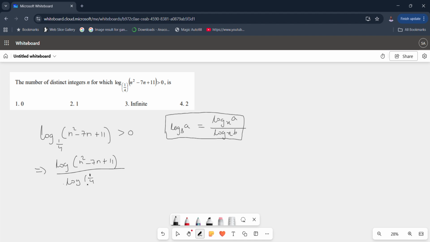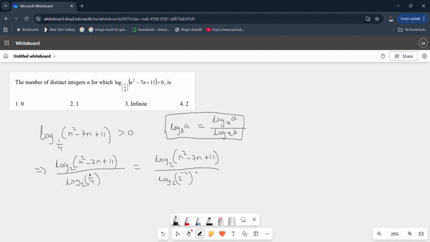Since we have 4 here, let's try to get it to base 2. So using this formula, let's put x equal to 2. This will give us the equation log of n square minus 7n plus 11 to the base 2 divided by log of 2 power minus 2 to the base 2, since 1 by 4 can be written as 2 power minus 2.